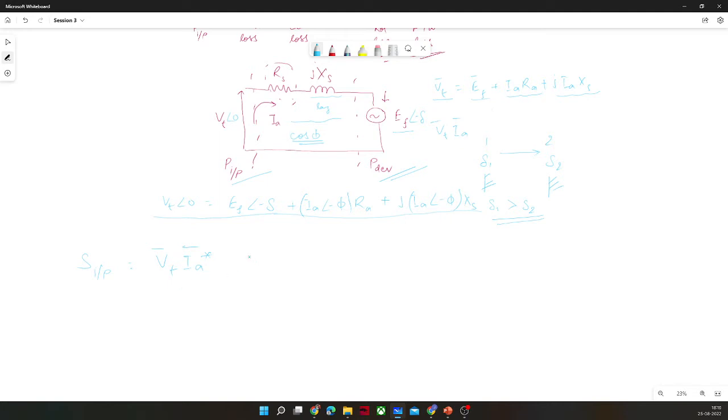Now we can calculate the value of Ia, that would be Vt angle 0 minus Ef angle minus delta, divided by Rs plus jXs, or we can write it as Vt minus Ef angle minus delta divided by mod Zs angle theta.